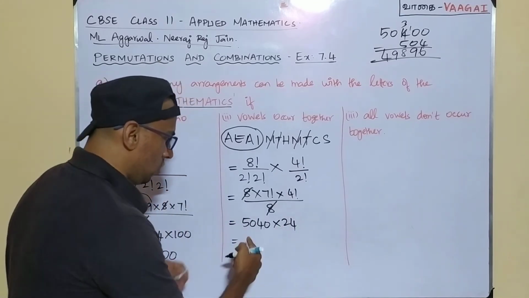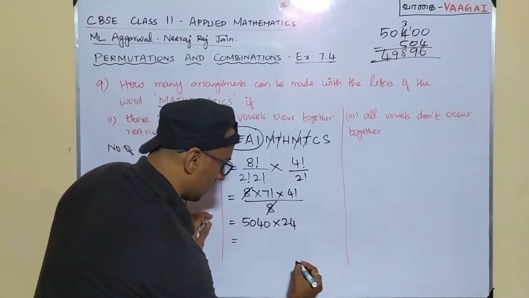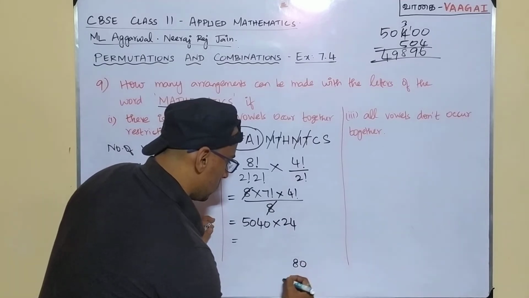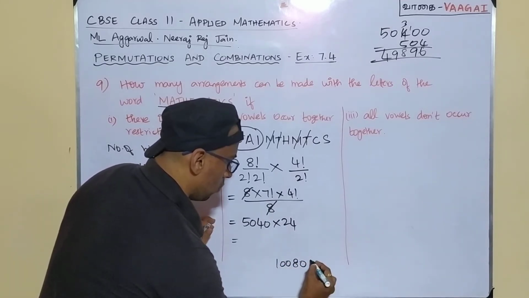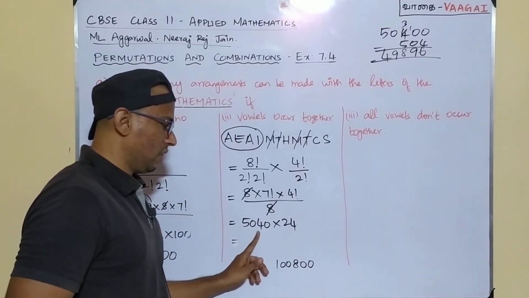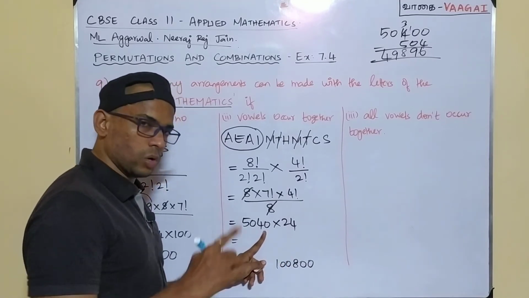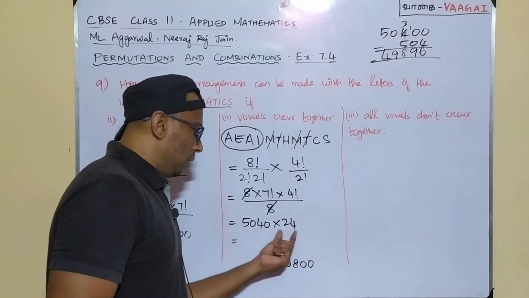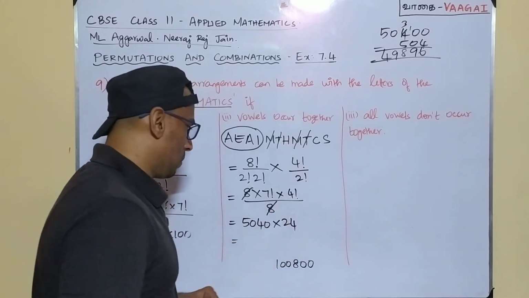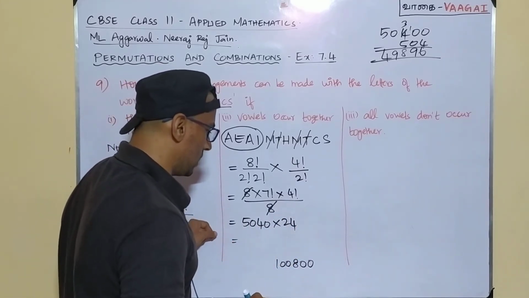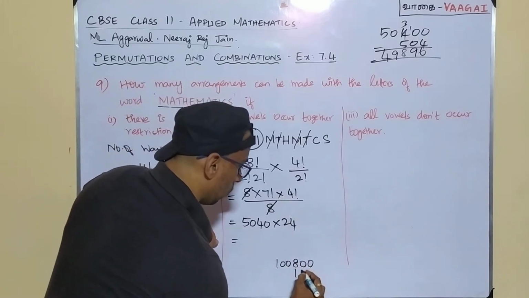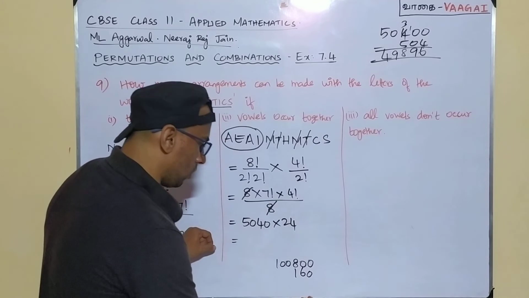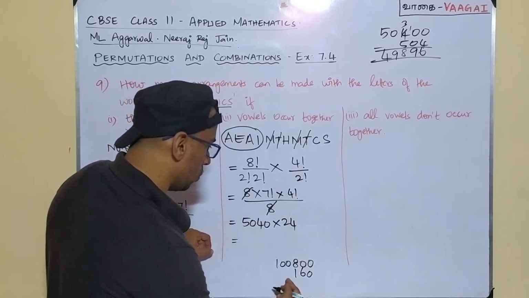So 5040 into 20, if I do, let me write it separately, I will be getting 100800. This is what I will be getting when I multiply 5040 into 20. Now if I multiply this 5040 with 4, what happens? 4 into 40 will be 160, and 4 into 5000 will be 20,000.